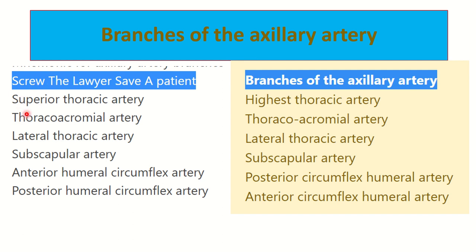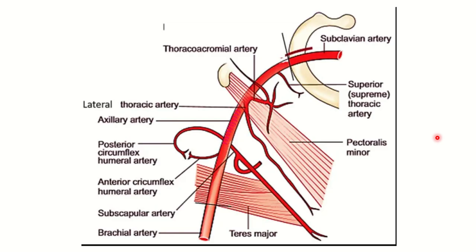The S for superior thoracic artery, T for thoracoacromial artery, L for lateral thoracic artery, S for subscapular artery, A for anterior circumflex humeral artery, and P for posterior circumflex humeral artery. So these are the branches of the axillary artery, and here the mnemonic: screw the lawyer and save a patient. And here the branches of the axillary artery, the same branches.